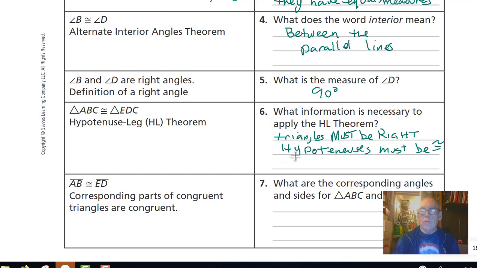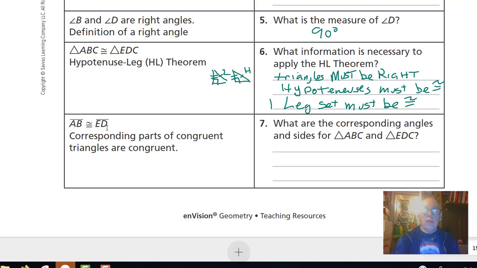So hypotenuses must be congruent, and one leg set must be congruent. So let's say we had these two right triangles like this. They're right triangles. The hypotenuses have to be congruent, and at least one leg needs to be congruent. That gives us the hypotenuse leg. Okay, let's see what's else.